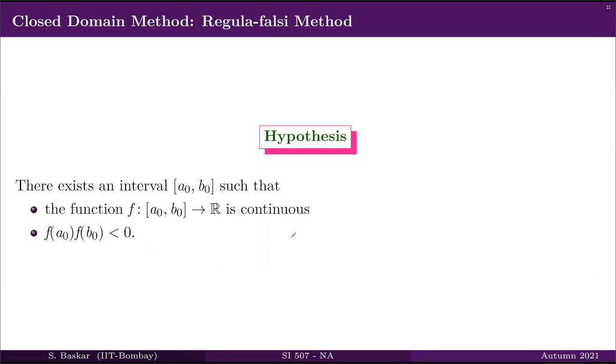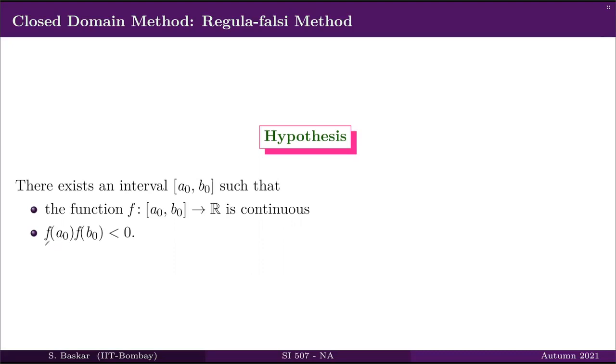From the basic idea of the Regula-Falsi method, we can clearly see that the Regula-Falsi method is a closed domain method. Therefore, the first step of the Regula-Falsi method is to locate a root of our nonlinear equation f of x equal to 0. How will we do this?